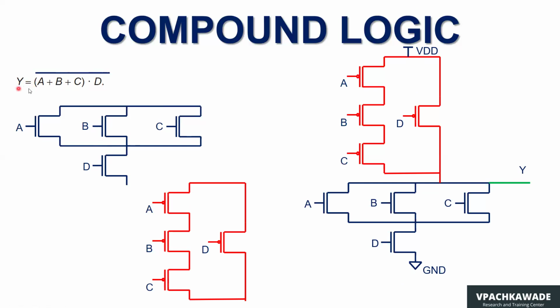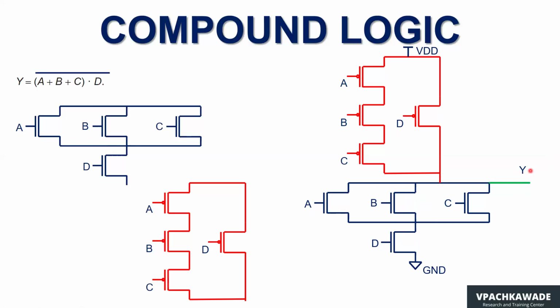Output Y is equal to 1 right over here when A or B or C and D are activated accordingly. You can put in all the combinations of A, B, C, D at the inputs, and accordingly you can see the output.